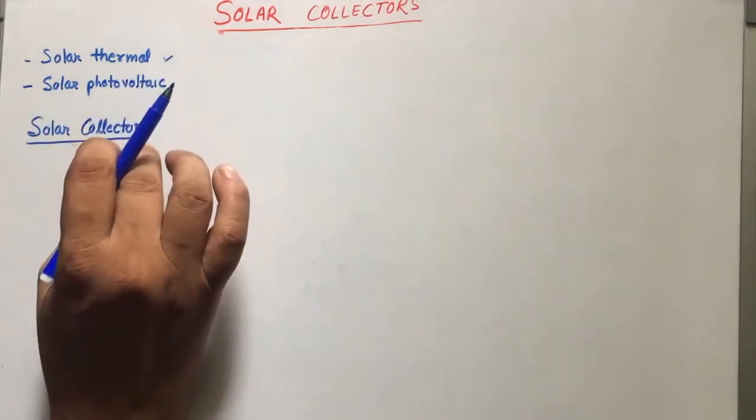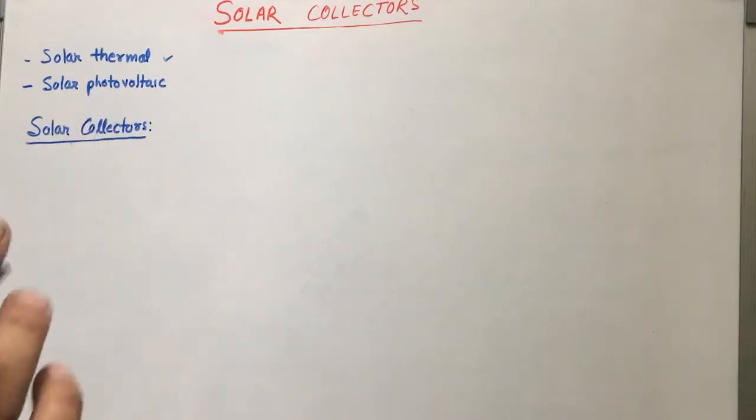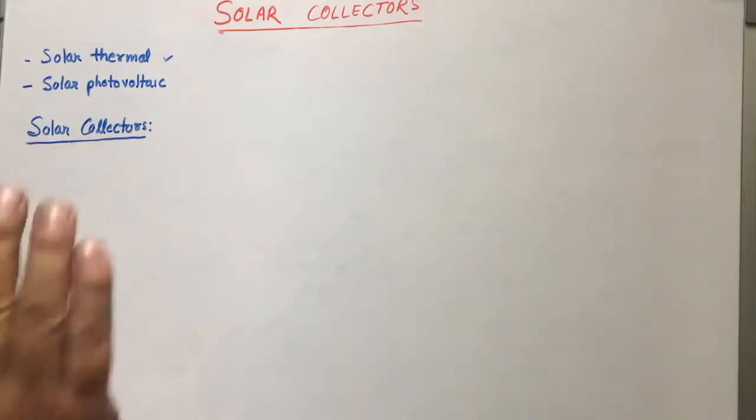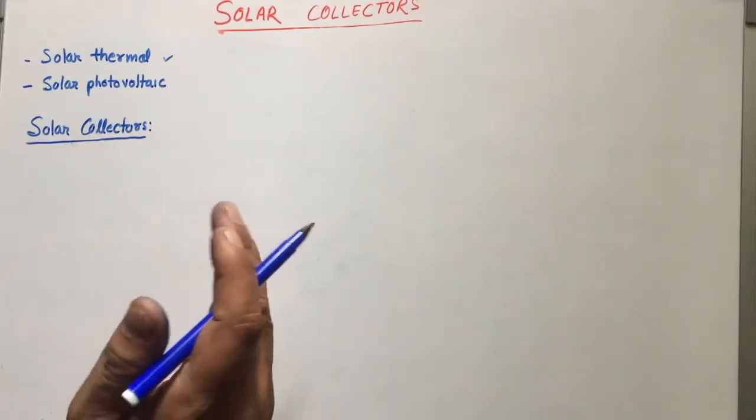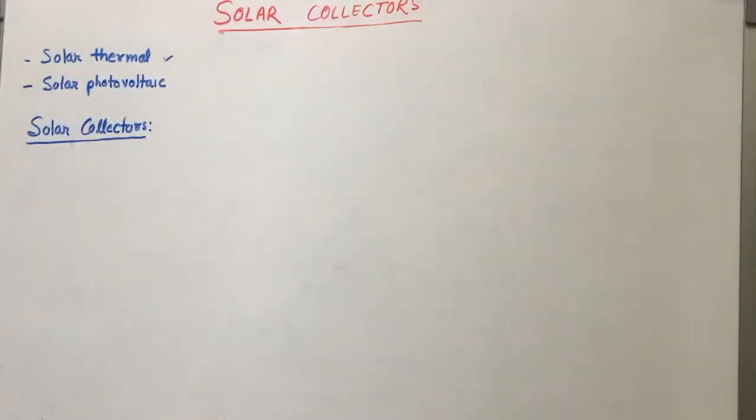Before coming to that, we should know the power available in the solar radiations, and we all have studied that it is not very dense, that is low dense power, almost 1 kilowatt per meter square to 0.1 kilowatt per meter square.